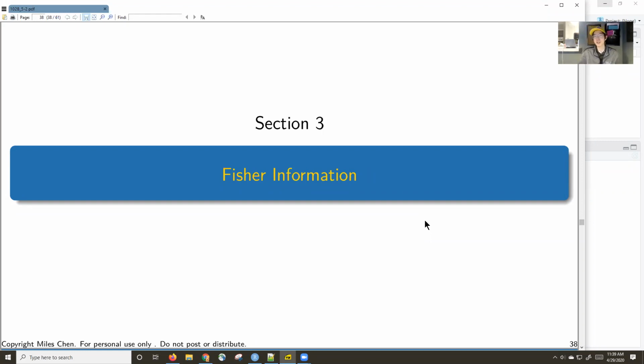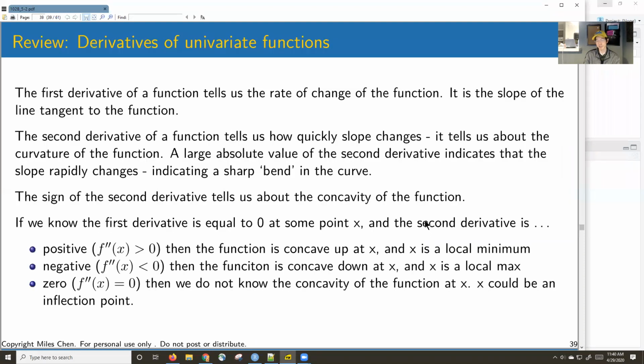There's still going to be derivatives and calculus and all of that, but we're first going to start talking about derivatives, and then we'll get to Fisher information on Friday. So today we'll just talk about derivatives and second derivatives and stuff like that.